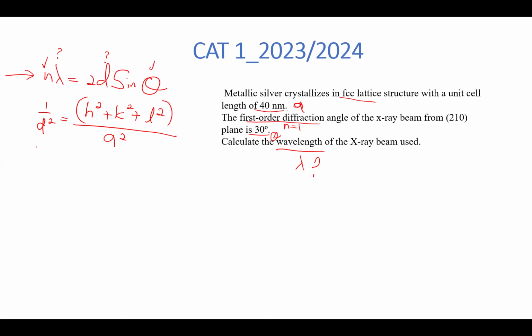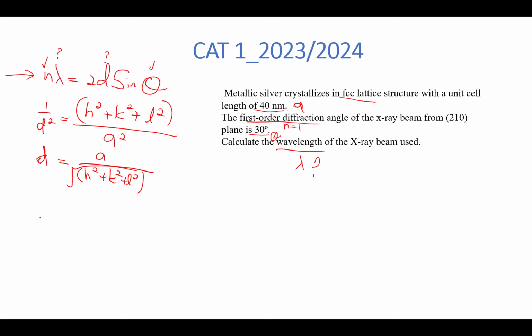So usually what I do is I first rearrange this second equation, and then plug that into the first equation. This is just a rearrangement. Then take the reciprocal and the square root.